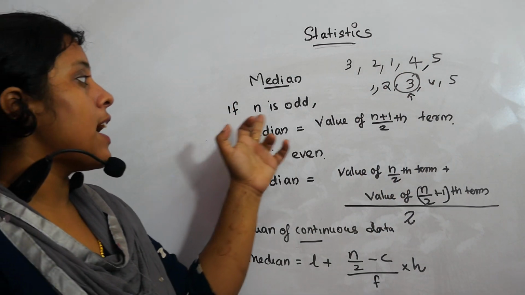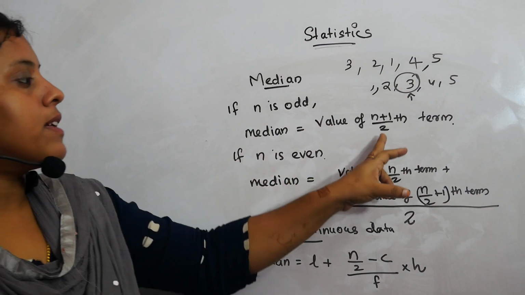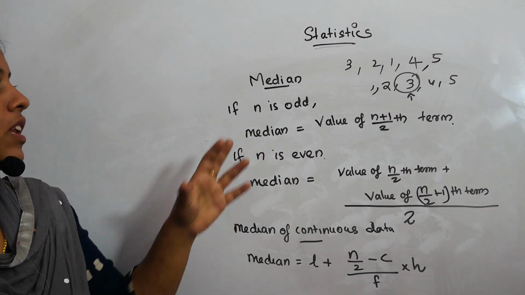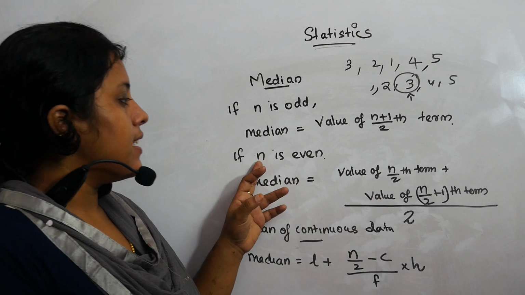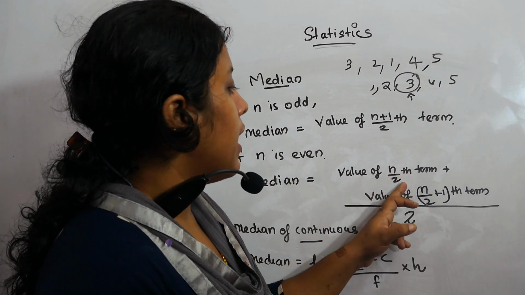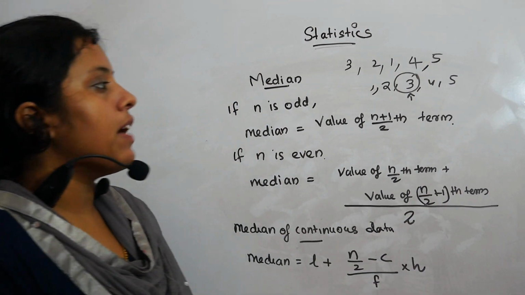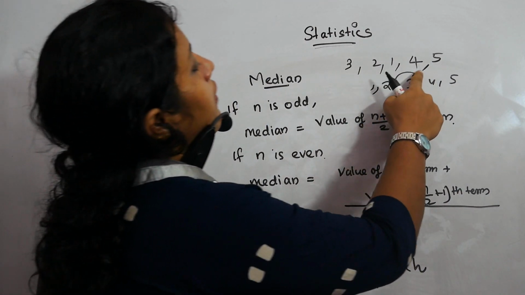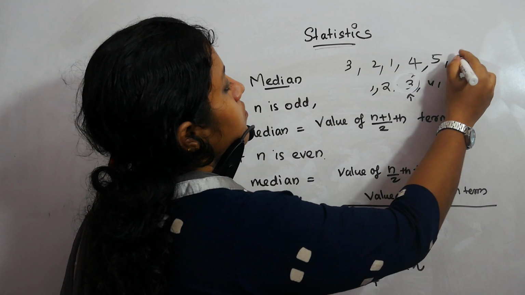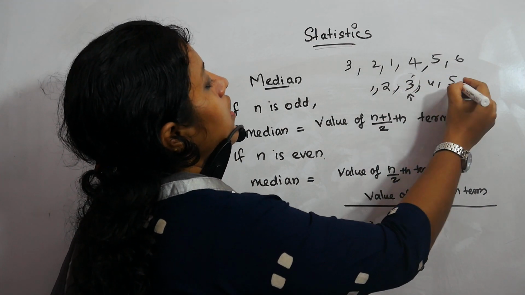So if n is odd, the value of the n plus 1 by 2th term is the median, and if n is even, the value of the n by 2th term plus the value of the n by 2 plus 1th term, divided by 2. Suppose I have a 6 also here, then I write in ascending order.